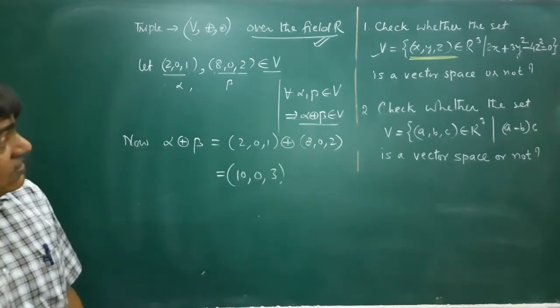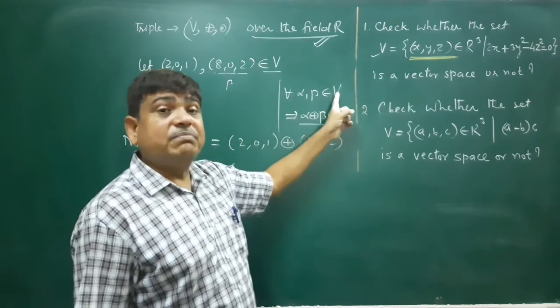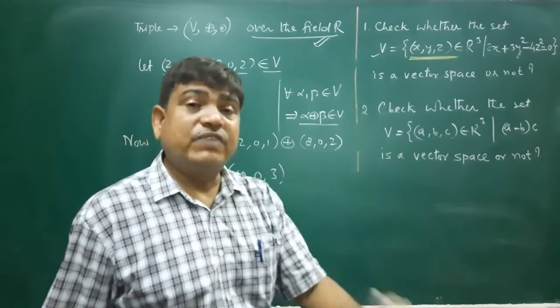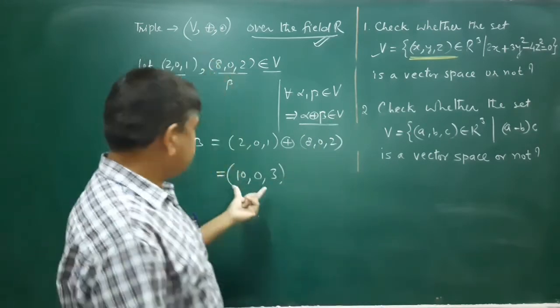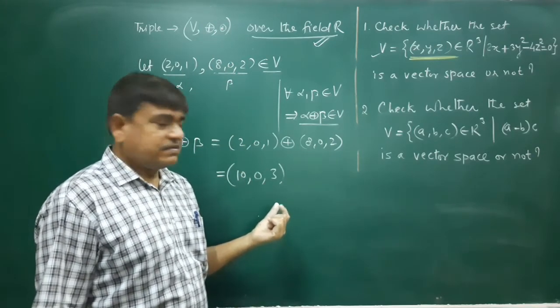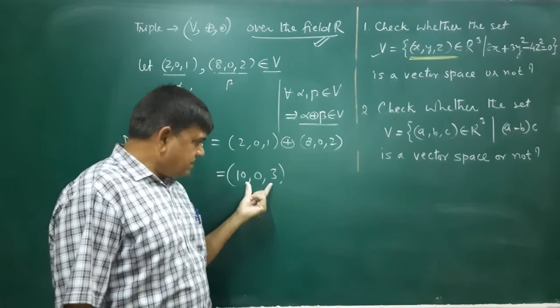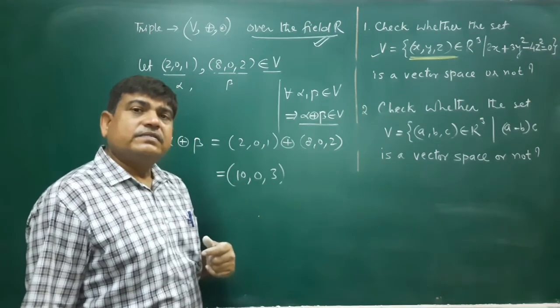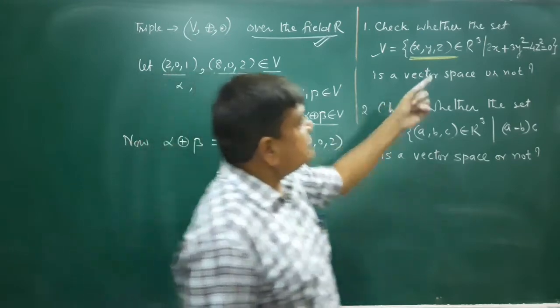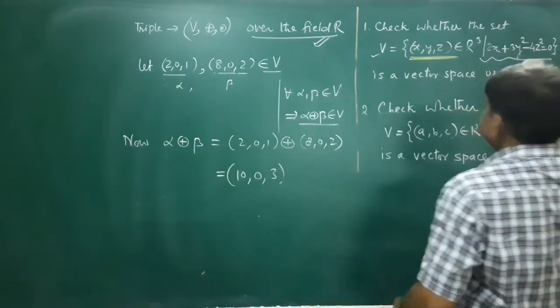What's the condition? If alpha, beta are members of V, then alpha plus beta must be a member of V. Now we check. We found the point. It must be satisfied by this relationship.